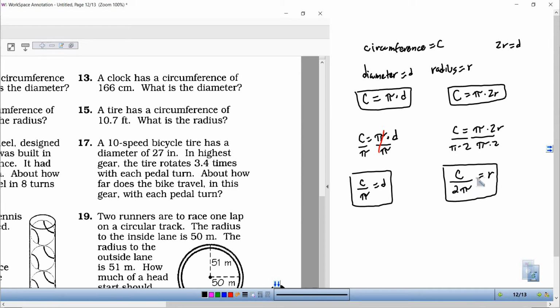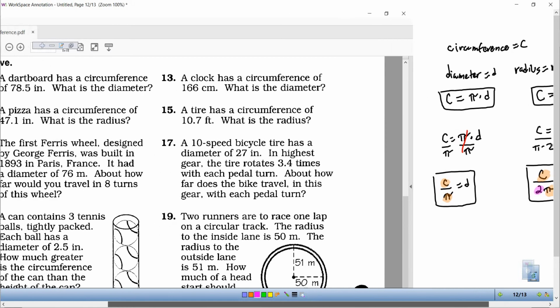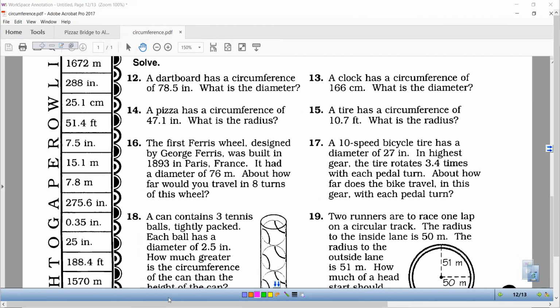Which should make sense because the radius is half of the diameter, so we have to take our diameter answer and divide it by 2. Do you see how this part here is the same, right? Circumference and pi, circumference and pi, it's just with the radius we have that 2, so it gives us half the value. All right, so that is how we're going to do these problems.